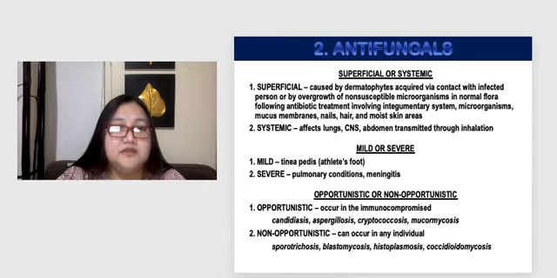Pag mild, one example is Tinea pedis, athlete's foot. Or severe, if it already involves the lungs or even the brain, such as pulmonary infections or meningitis. So, superficial infections are mild, systemic infections are severe.